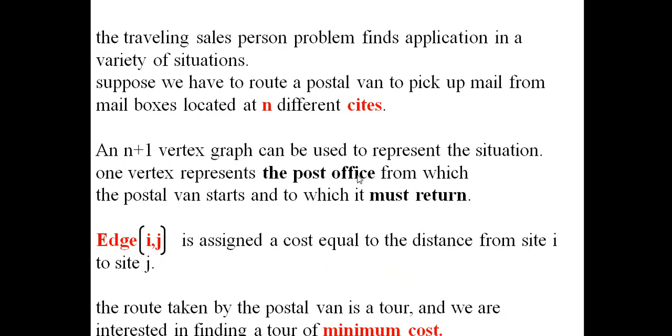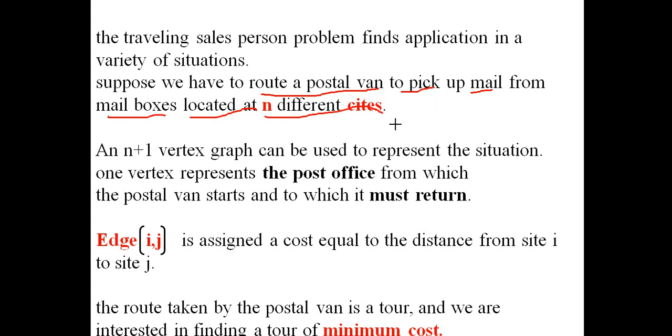Now this problem finds application in a variety of situations. Among them I am considering this postal van. We have to route a postal van to pick up mail from mailboxes located at n different cities.